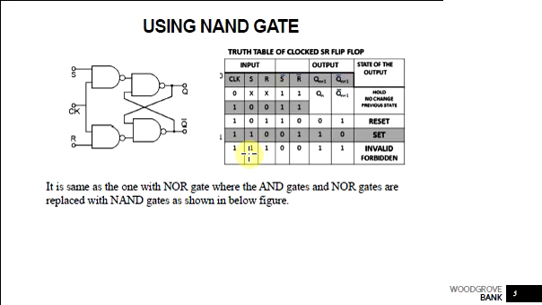When all three are high, that corresponds to the invalid condition, just like the previous RS flip-flop; both inputs high is not allowed. Remember, when we use NAND gates for the RS flip-flop, the inputs we consider are S bar and R bar, because this is not gated here.